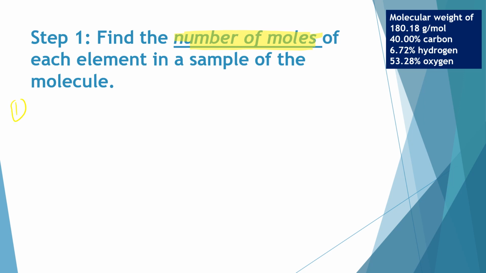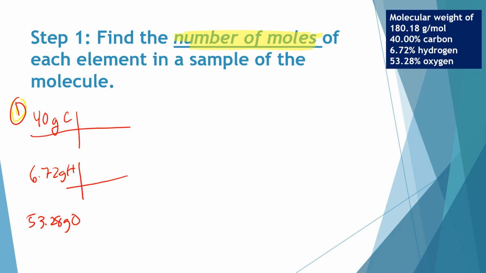So I had 40% of carbon, so I'm going to assume this is going to be in grams. That's an assumption we're going to make. Similar for the 6.72 grams of H, and then 53.28 grams of oxygen. So assume your percents are going to be grams.